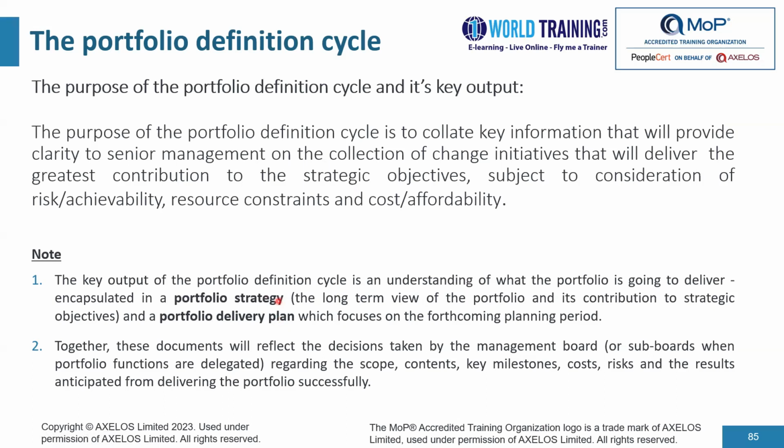Strategy provides a long-term perspective, whereas the delivery plan provides an annual perspective. Together, these documents will reflect the decisions taken by the management board or sub-boards. Portfolio functions are delegated regarding the scope, contents, key milestones, costs, risks, and the results anticipated from delivering the portfolio successfully.